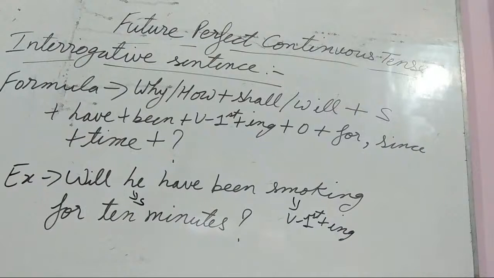So according to the formula is why or how plus shall or will plus subject plus have plus been plus verb of first form plus ing plus object plus for or since plus time plus a question mark. And according to the formula, the example I have given over here is, will he have been smoking for 10 minutes?